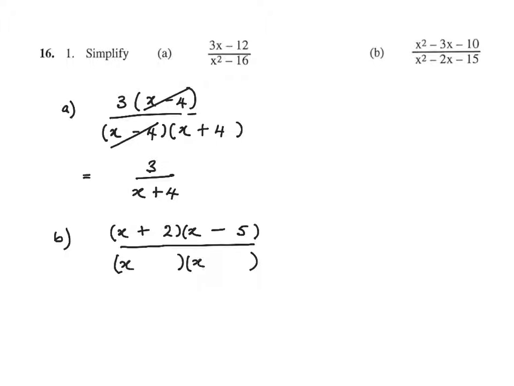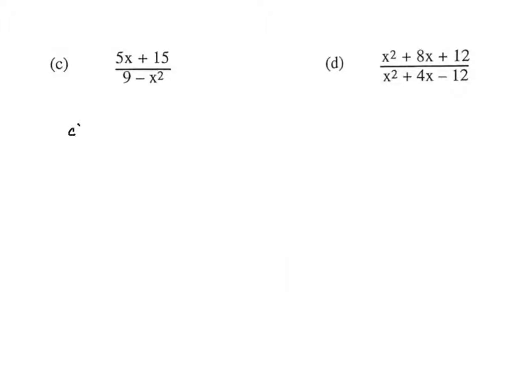On the bottom, x and x, factors of 15, 1 and 15, and 5 and 3, well it's going to be 5 and 3 because we want to get a 2. Now, we must have a minus in this bracket so that the two brackets, one on top and one on bottom, can cancel. So, when we cancel, we get x plus 2 over x plus 3.